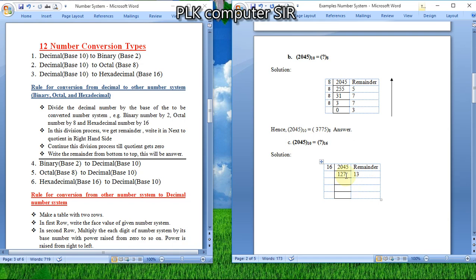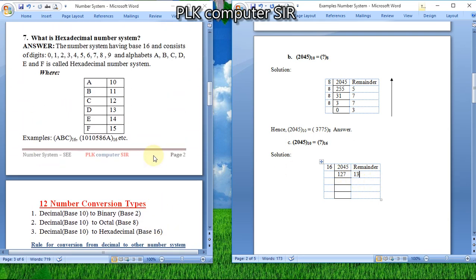My dear students, so it is a two digit number, and we have to replace it.